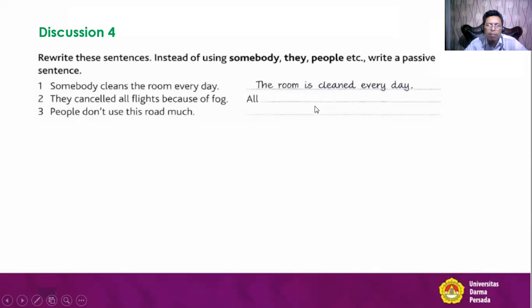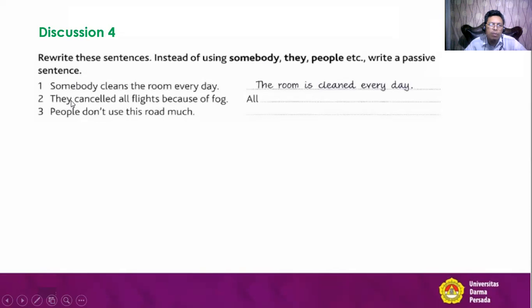So keep in your mind, we have a combination of to be and then participle. Is cleaned. Why do we have is? Because the room is singular. And then why do we have present simple? Yeah, because it is contextually present.